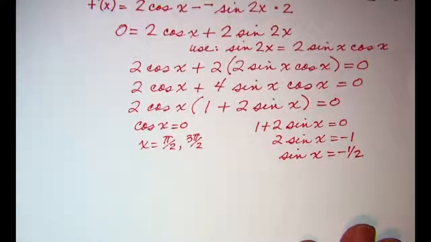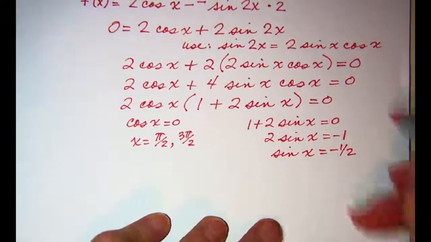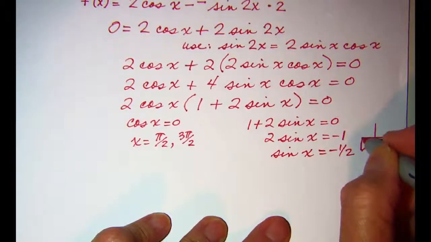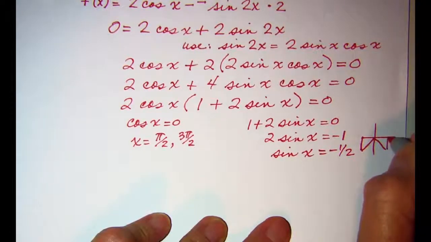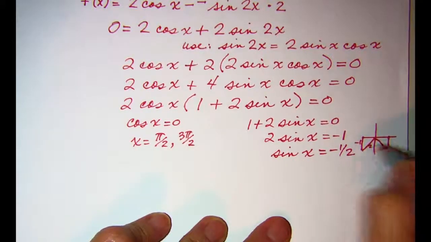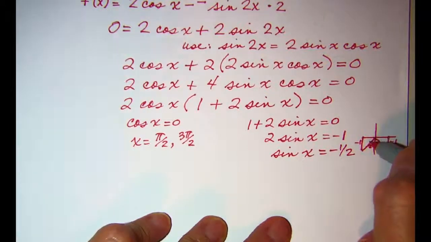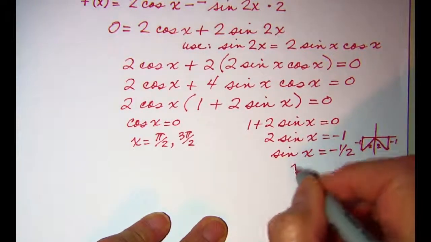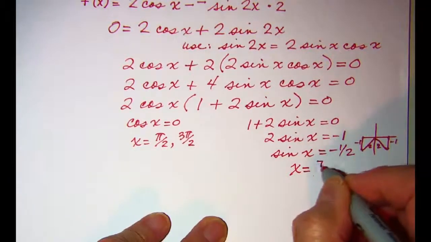Let me draw a picture of this one. My sine is negative in quadrant 3 and quadrant 4, and I have a negative 1 over 2. So this reference angle will be pi over 6, which means pi plus pi over 6. So x will be 7 pi over 6.